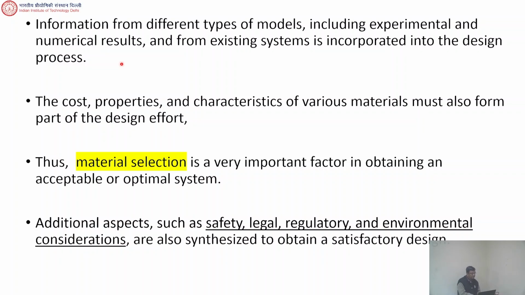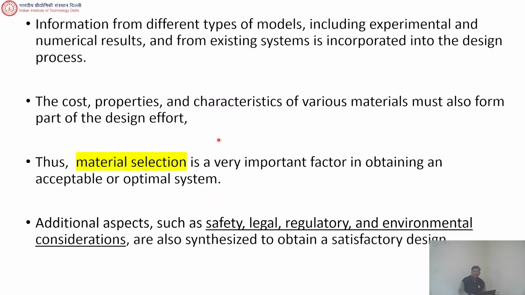And as I said, cost of materials, properties of materials, characteristics of materials, these things are also important. Now everything together will give you the design. So material selection is also a very important factor. You know, which material you choose, for example, for the heat exchanger tubes, and which material you choose for the shell of the shell and tube heat exchanger.